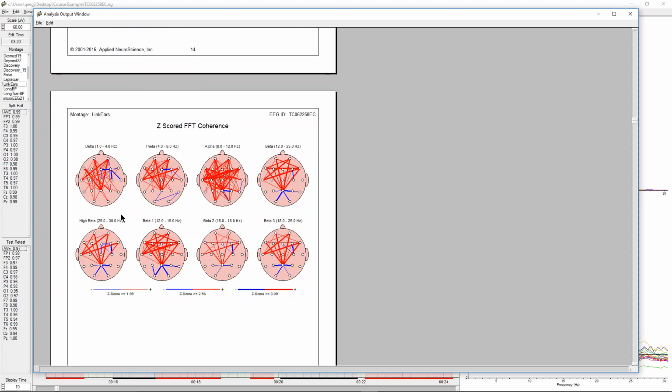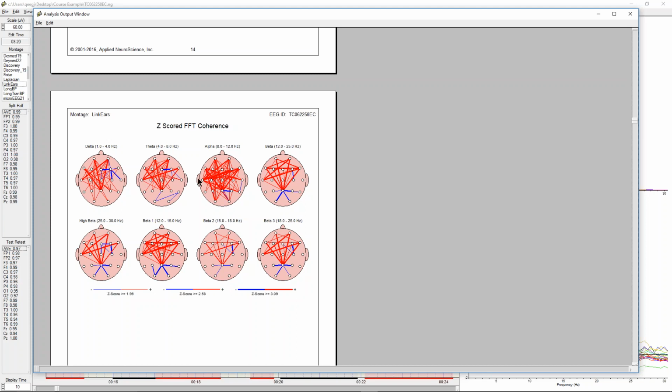When we get to the z-score coherence maps, we're looking at the same scale. So anything that's at all present, a line, is statistically significant, and the thickest line is 3.09 standard deviations, so pretty significant. If we could parse this out a little bit better, we could see that there's this laterality here.